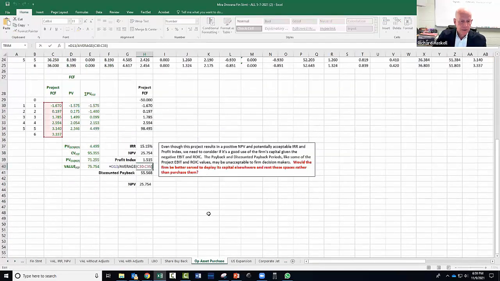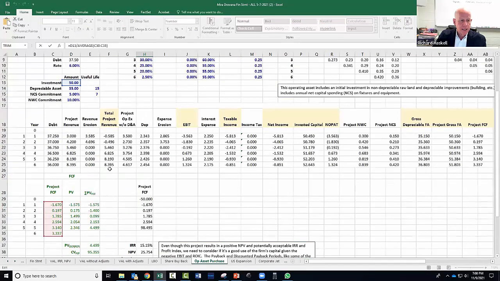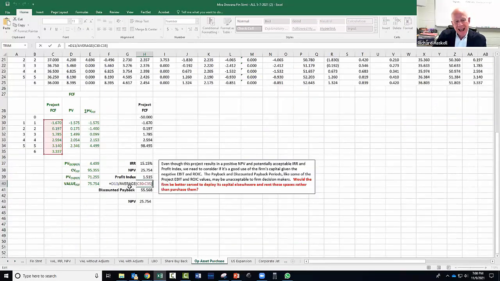In fact, let's look and see what I've done. I've got column C30 to C35. And how am I doing this? Well, I'm taking D13, which is what it cost me. I'm taking the average of these years of cash flows and dividing the cost by the average of the years of cash flows.